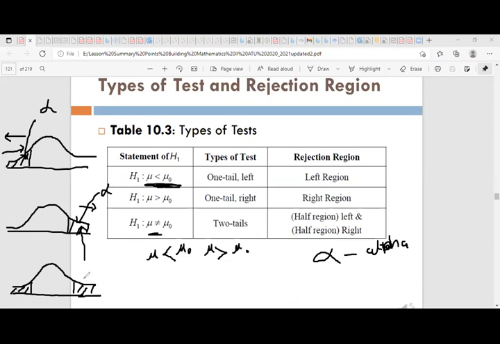So this portion is going to be what? Alpha divided by 2. And then this will also be what? Alpha divided by 2. So that when we add the two, we get the maximum probability of rejection, which is alpha. Alpha over 2 plus alpha over 2 will be what? Alpha.